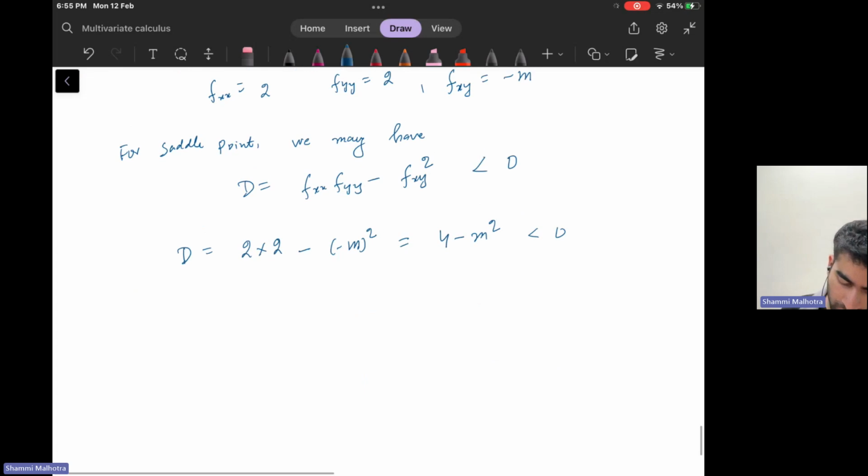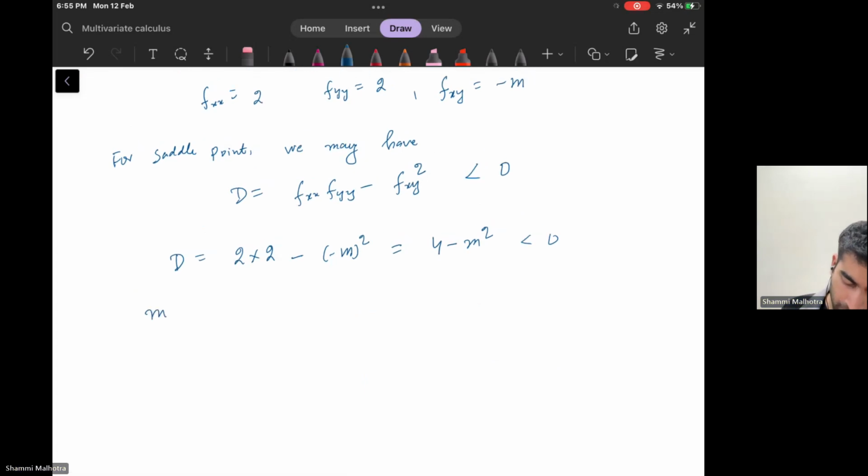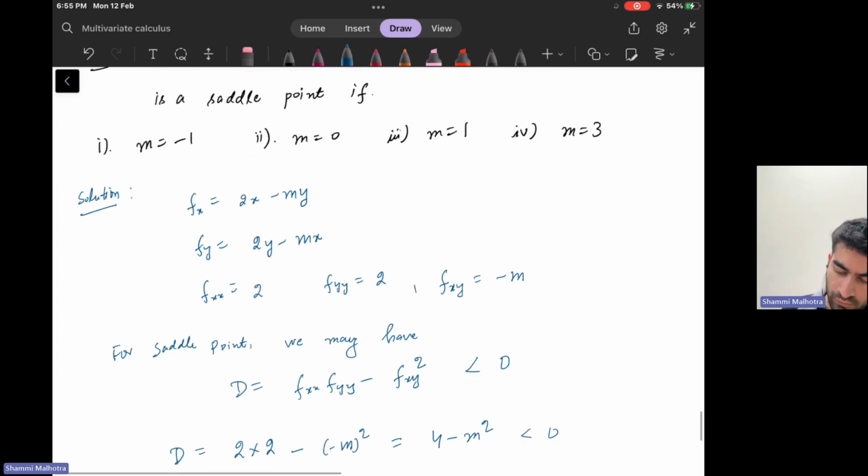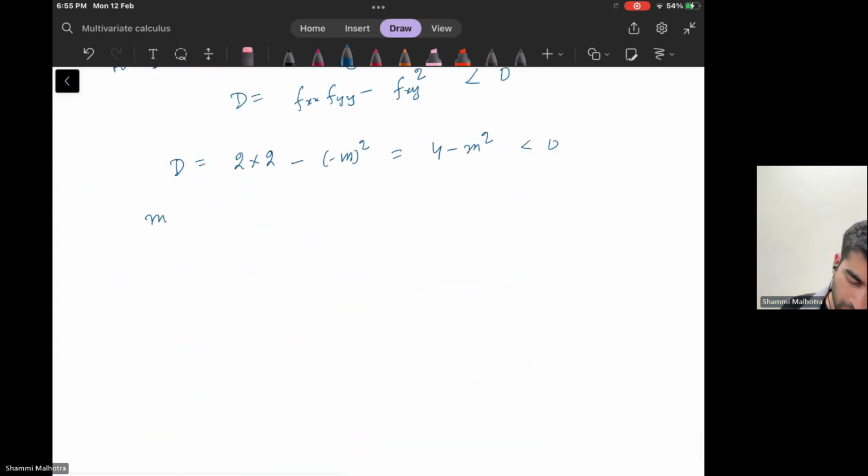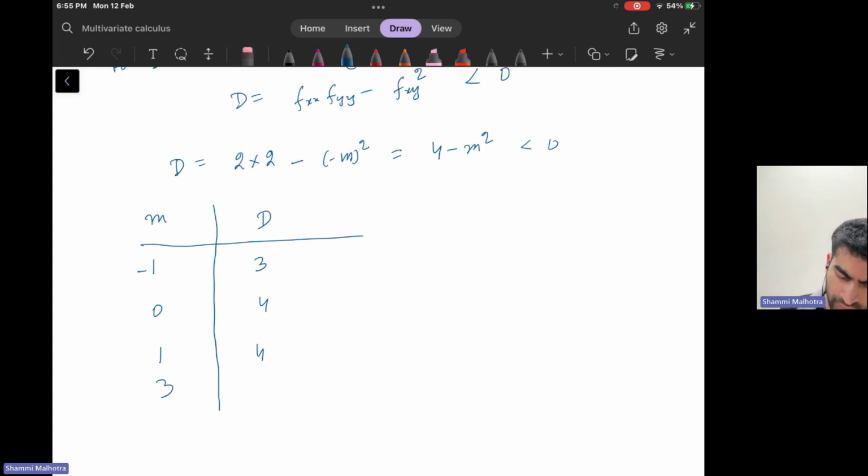So let us plug in the values which we have: m to be -1, 0, 1 and 3, and see what is the value of D. For m equal to -1 this is 3, for 0 this is 4, for 1 this is 4 minus 1, which is 3 again, and for 3 we have 4 minus 9, which would be -5.